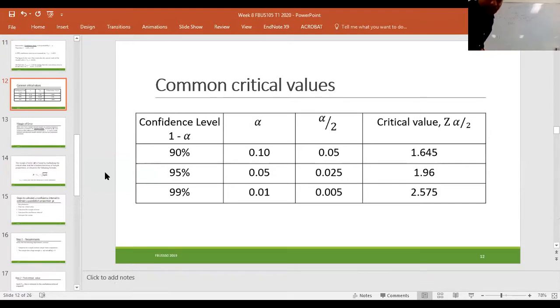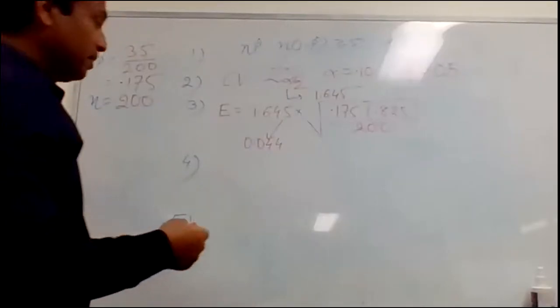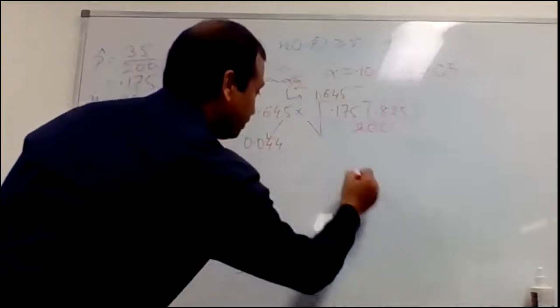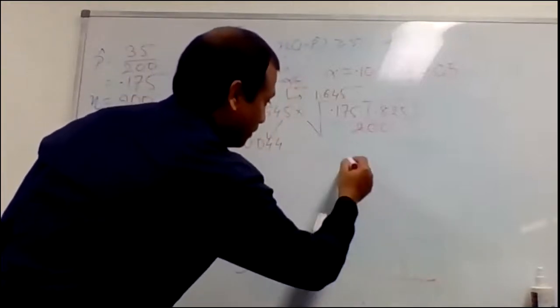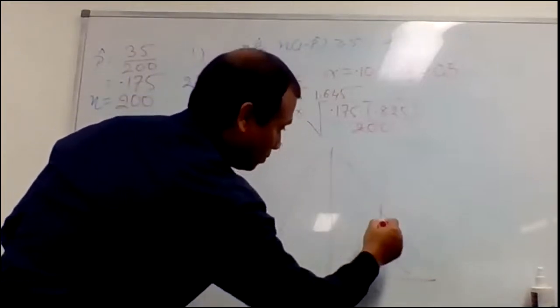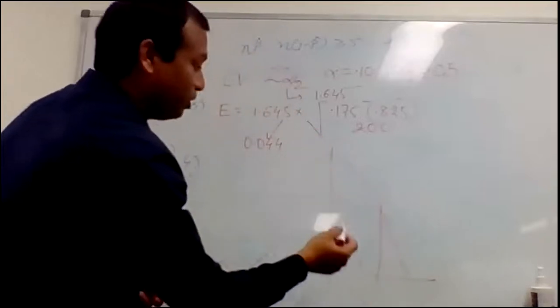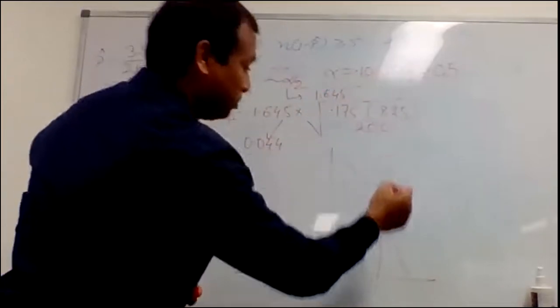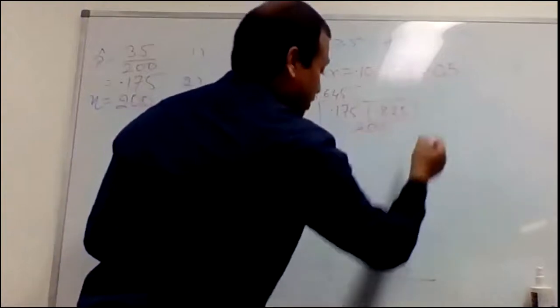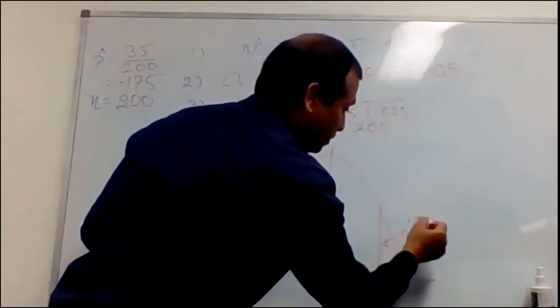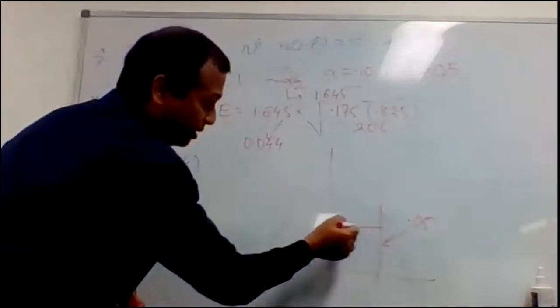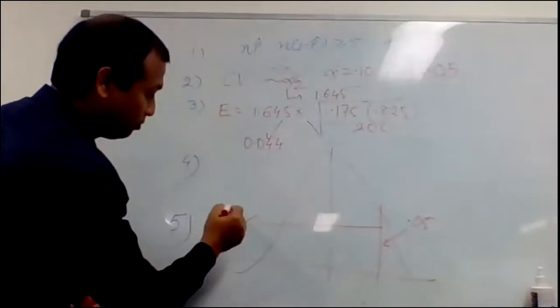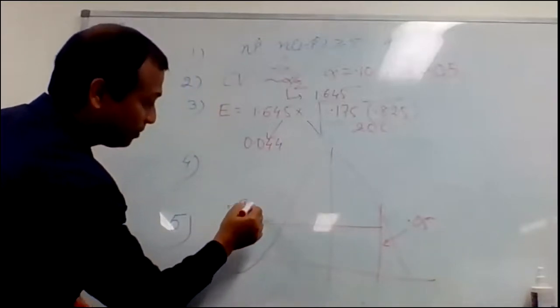Okay, let's do it. If you don't have this table, you can do it on the curve also. This area is given, alpha by 2 is 0.05. So what is the remaining area on this side? 0.95.